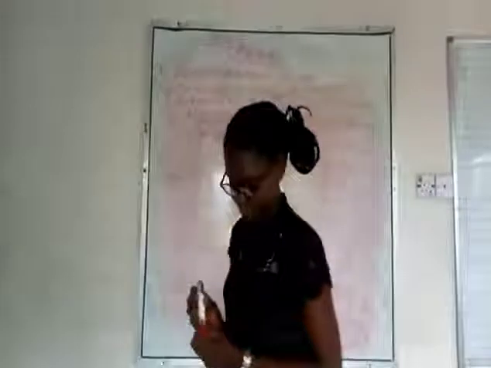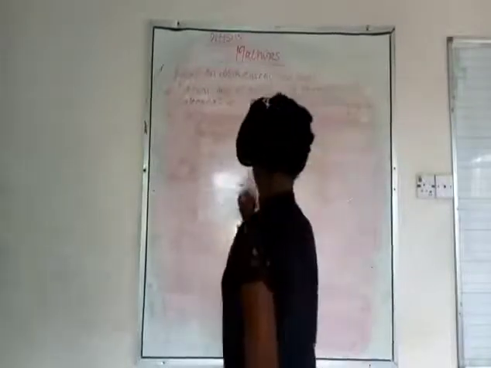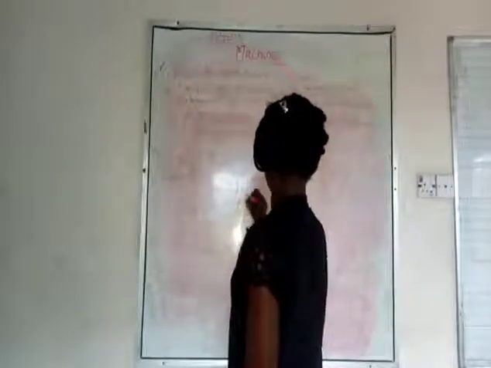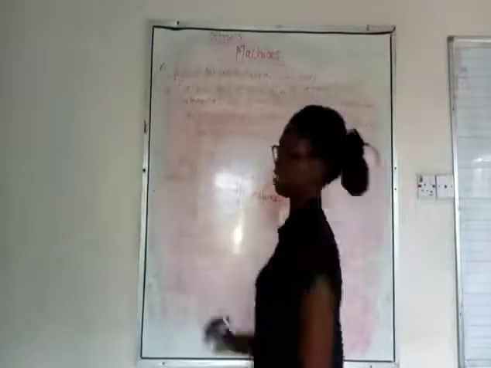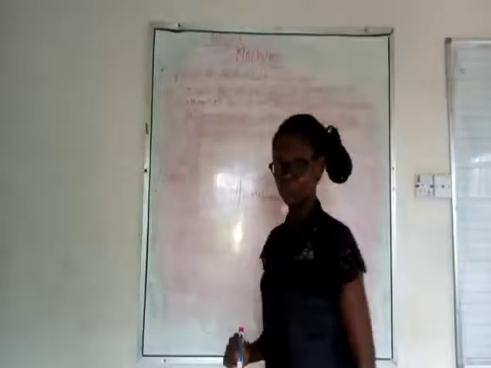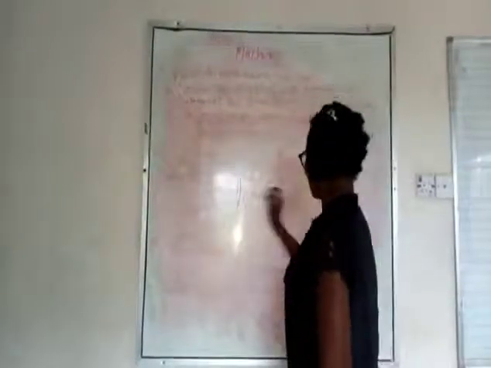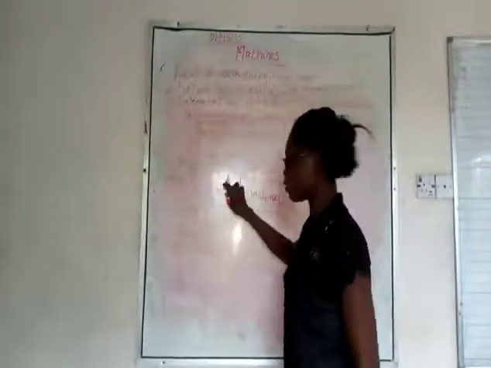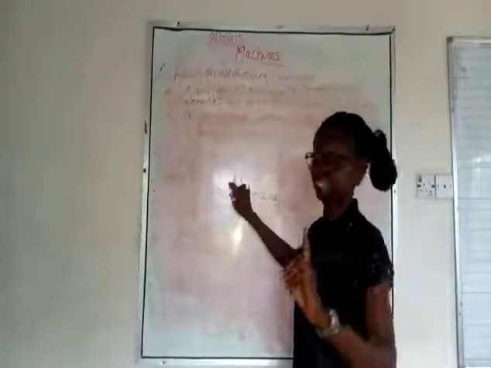Let me put that in diagram form to help you. If we have a device like this, let's call that device a machine, and there's an effort that is applied at this point of this device. Take note that this effort is a force.